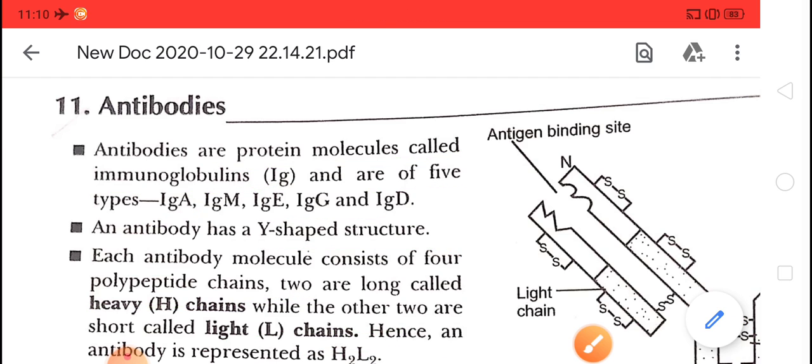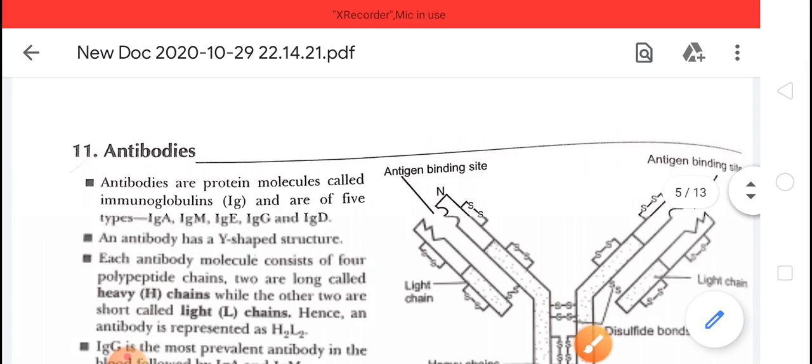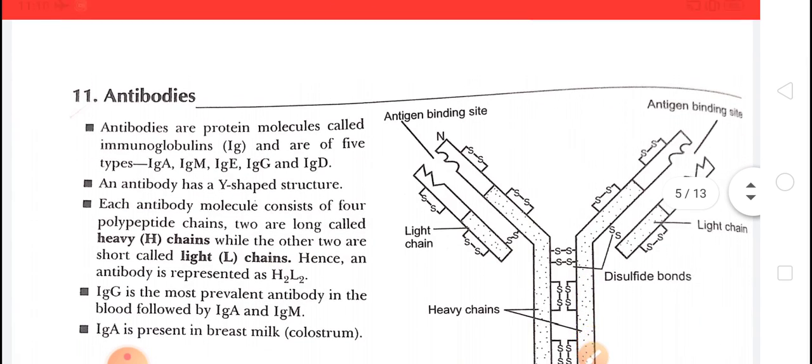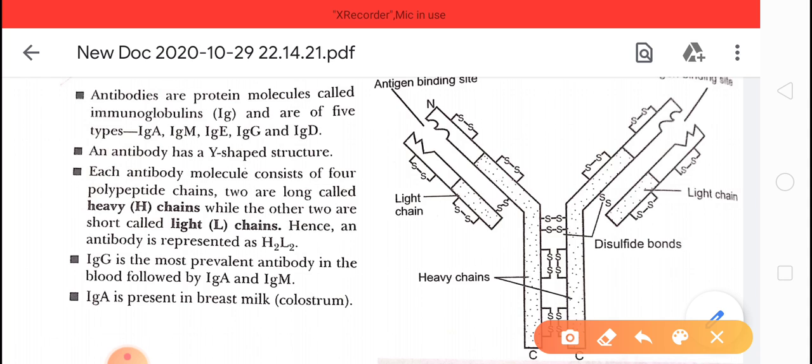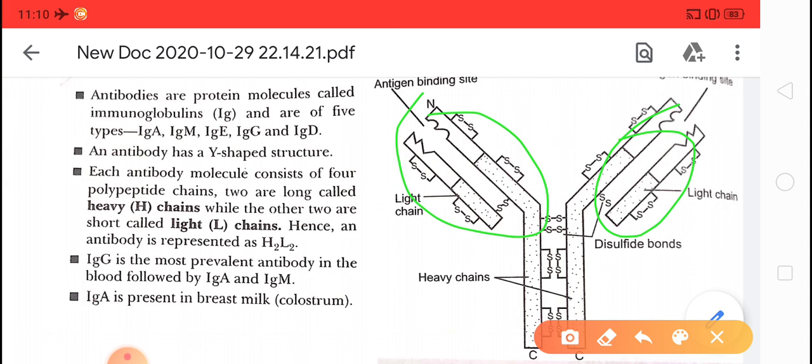Okay, I'm showing a diagram in front of you. This is the light chain and these two are the heavy chains. The two light chains and two heavy chains are found as H2L2 and they join by disulfide bonds.